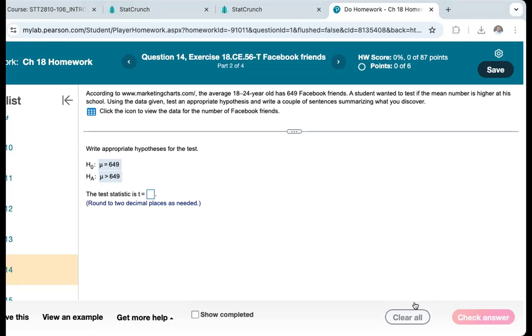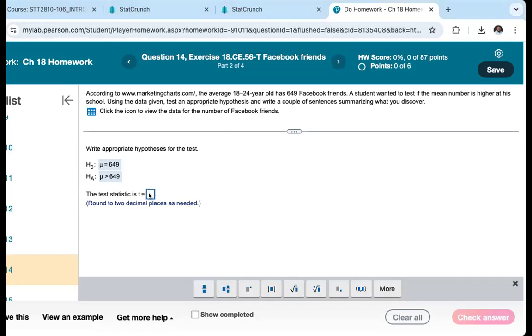So my test statistic is what? 4.8943. So let's see, 2 decimal places.